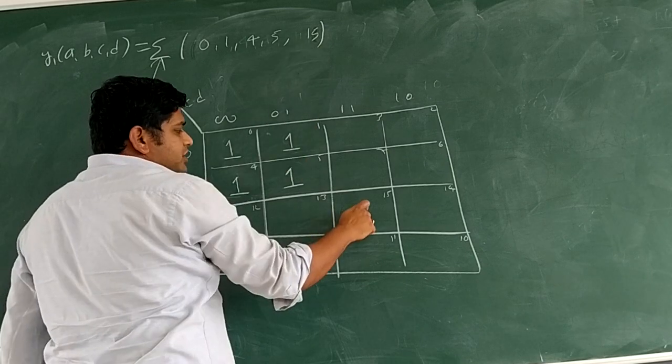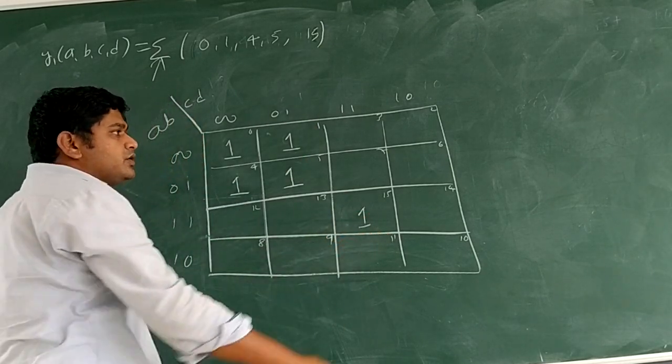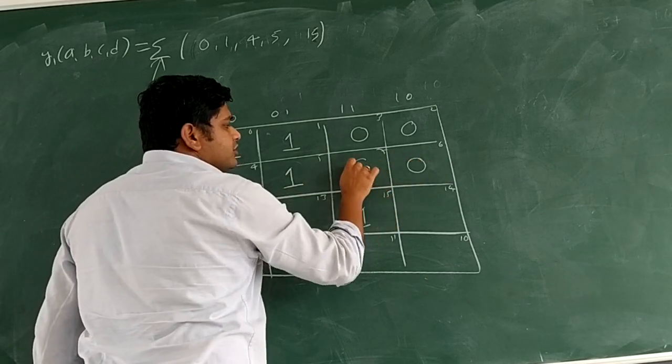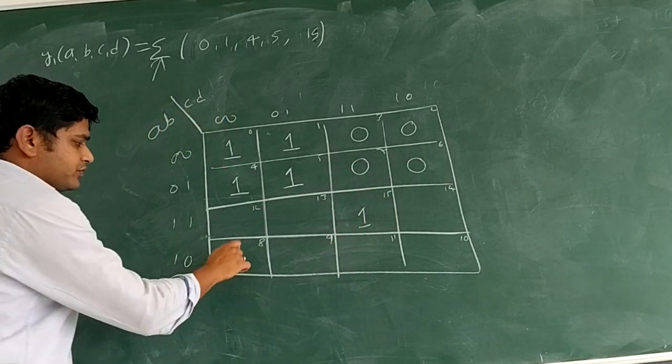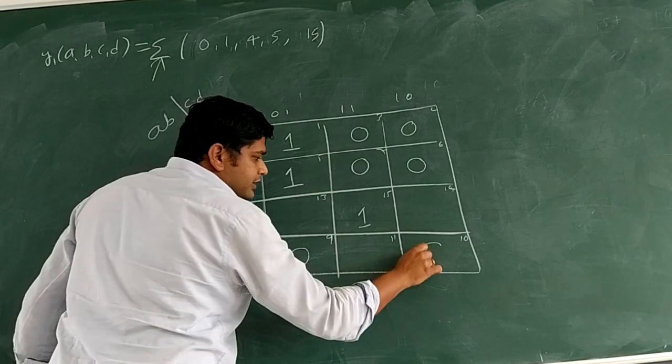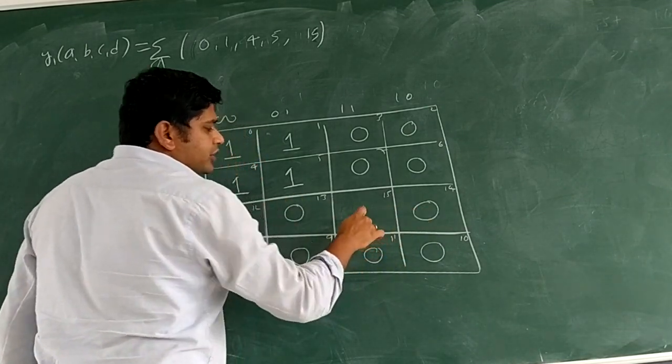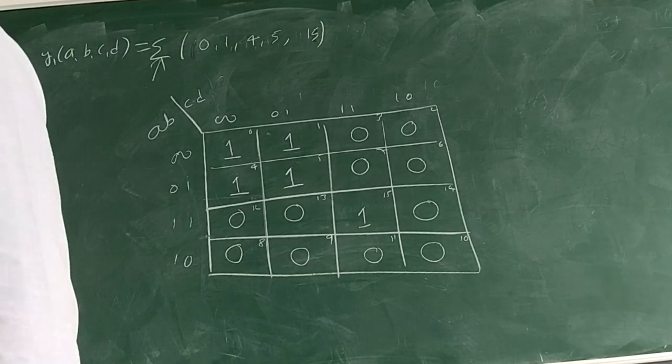And the next number is 15. The remaining cells are 0.